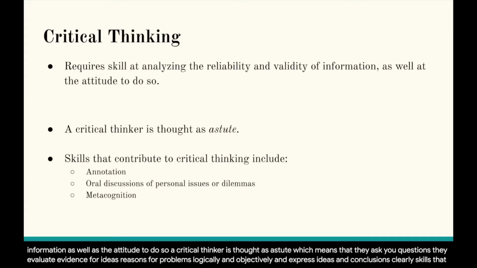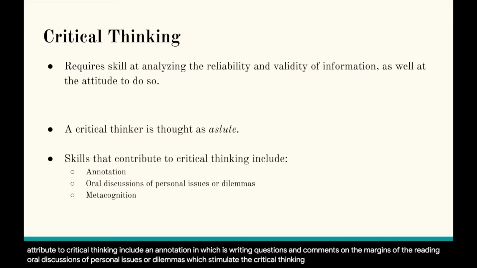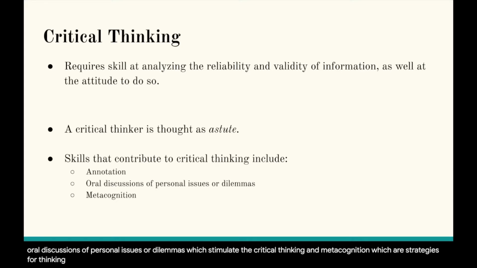Skills that contribute to critical thinking include annotation, which is writing questions and comments in the margins of the reading; oral discussions of personal issues or dilemmas, which stimulate critical thinking; and metacognition, which means strategies for thinking about thinking, and for monitoring the quality of one's own thinking.